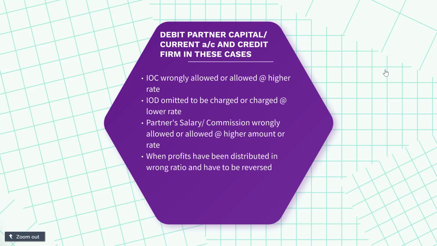Interest on drawings is omitted to be charged or charged at a lower rate. Partner's salary or commission is wrongly allowed or allowed at a higher amount or rate. When profits have been distributed in the wrong ratio and they have to be reversed, in this case we need to debit the partner's capital or current account and credit the firm.